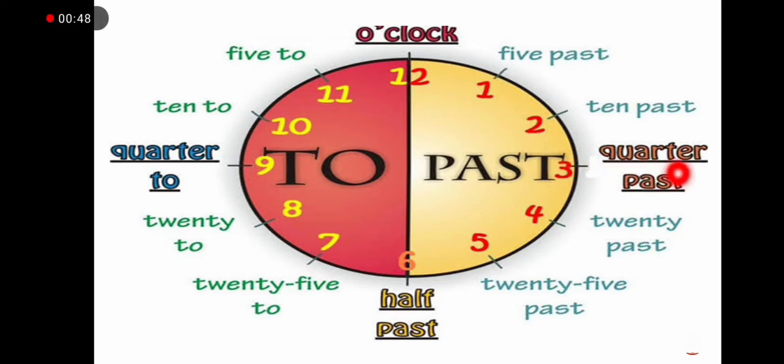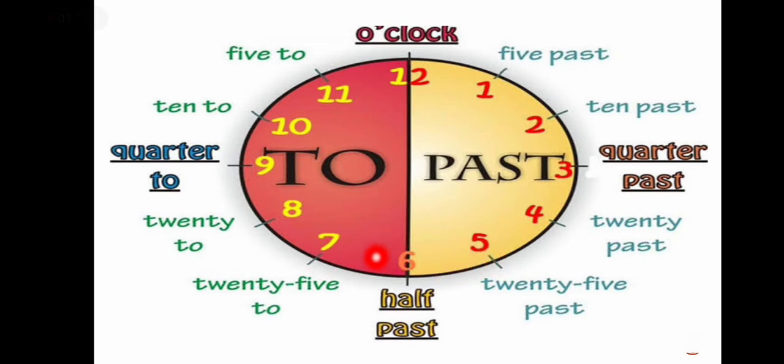Quarter past means 15 minutes. Quarter means 15. Then move to 4, 20 minutes passed. Then 5, 25 minutes passed. And on 6, how many minutes have passed? That is called half past. And half past means 30 minutes.